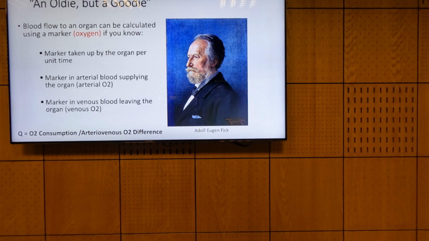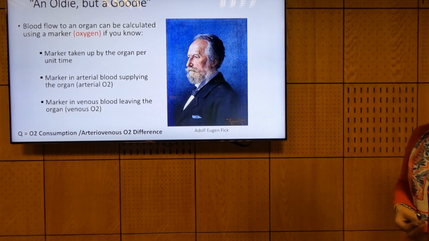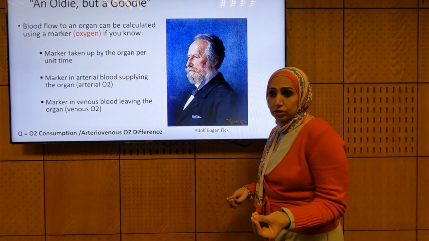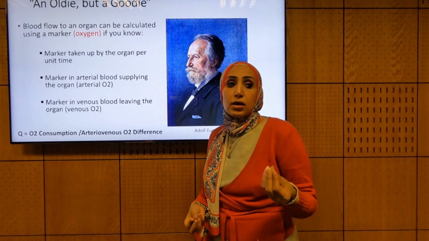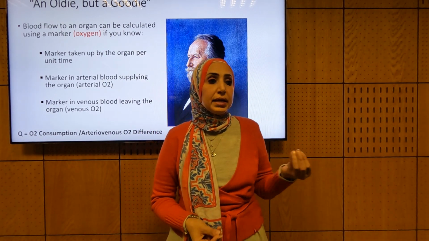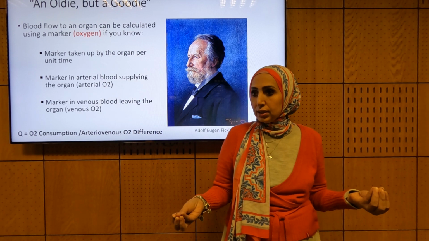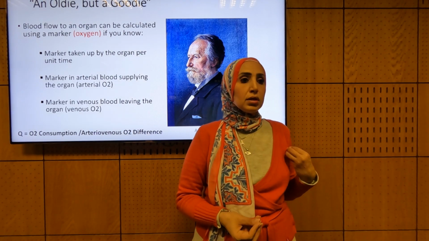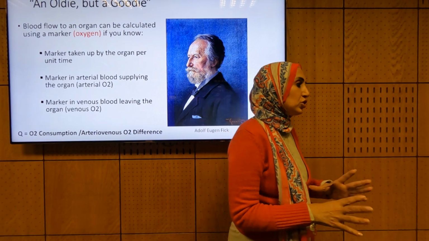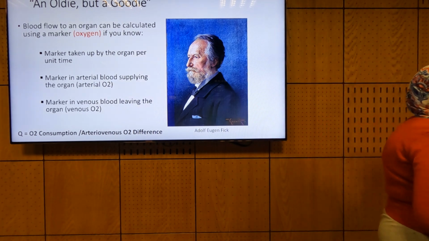So think about what is exchangeable between both circulations: it is oxygen. So he traced the oxygen concentration at the beginning and the end of each circulation, and he assumed that consumption in the same patient will be fixed.